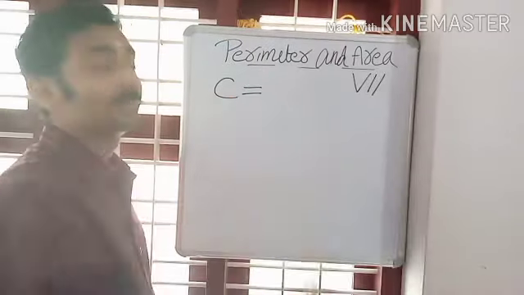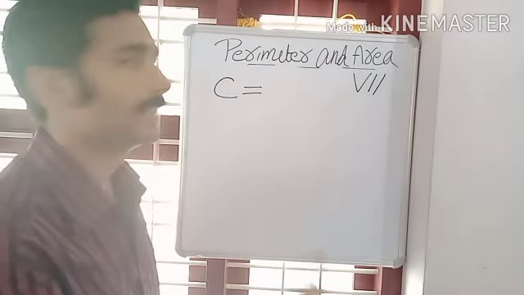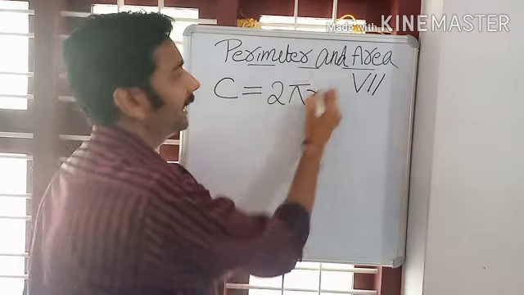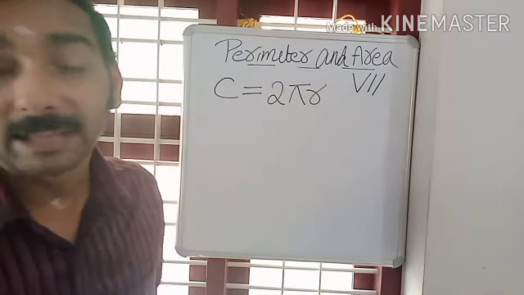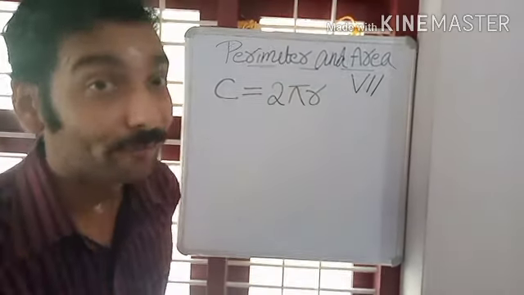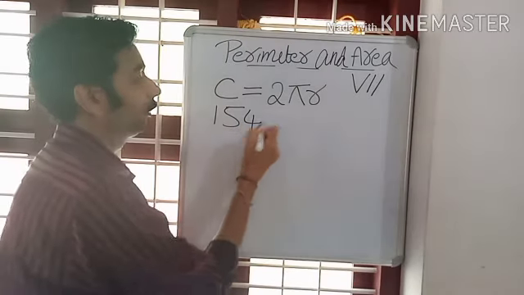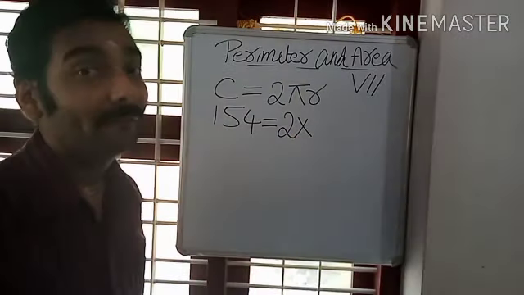Circumference. What is the formula for circumference? Here C equals 2 pi r. The circumference of the circular sheet is 154, so 154 equals 2 into the value of pi.